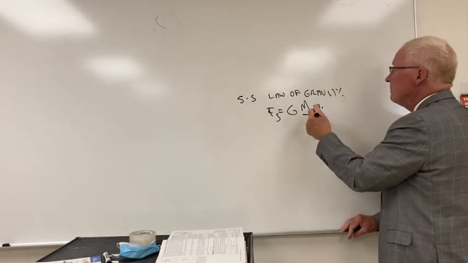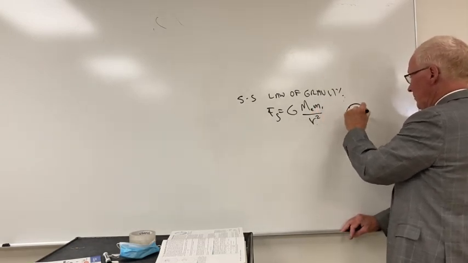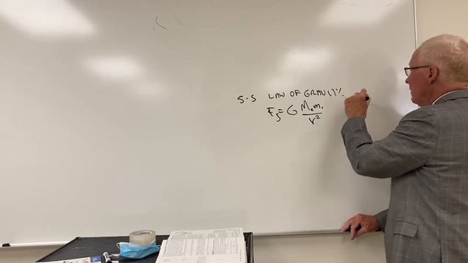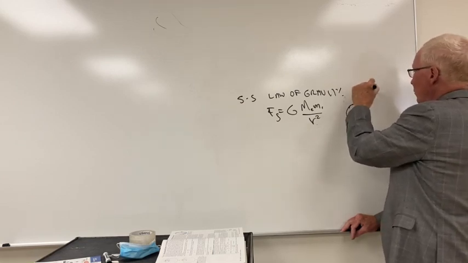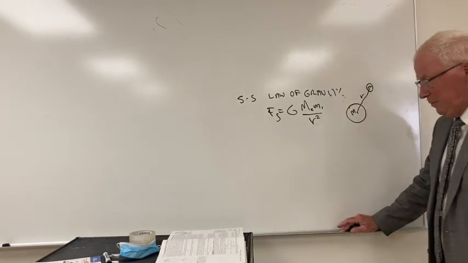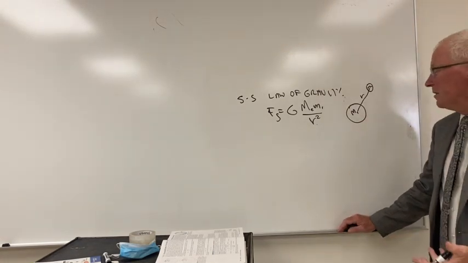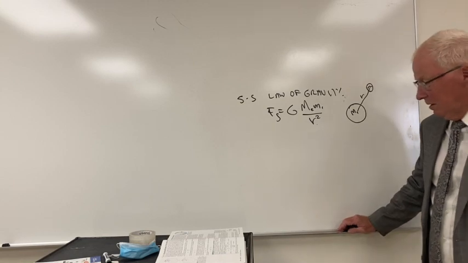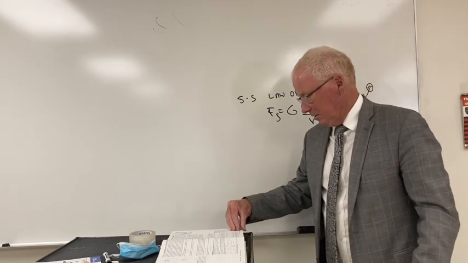For any two objects, M1 and M2, R is the distance between the centers of the two objects. So if you're on the Earth, it's a very large radius as far as that's concerned.